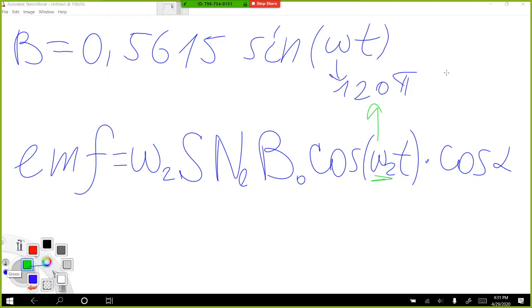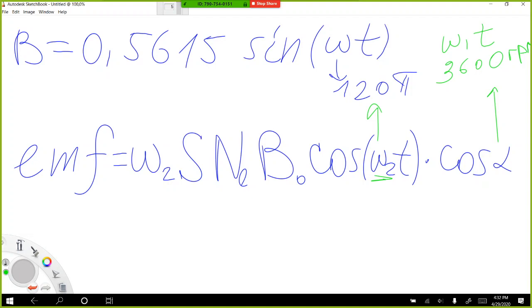alpha is omega 1 t, where omega 1 is computed from the rotation of our loop, which is given as rotating at the speed of 3600 rpm.